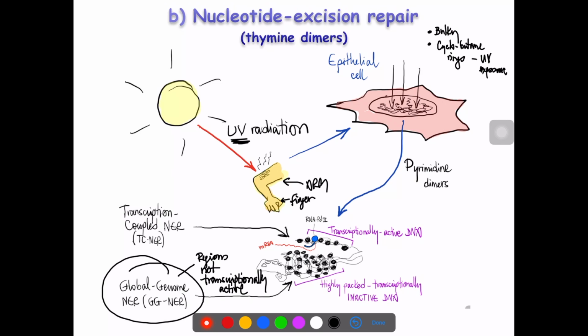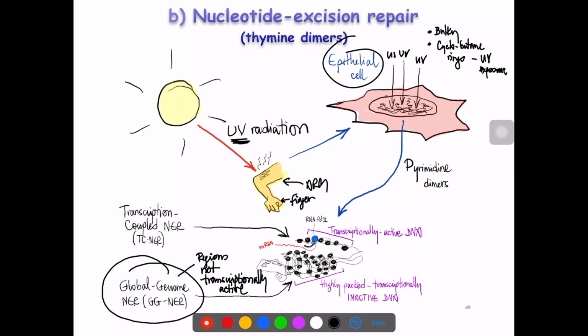So you have a short sleeve shirt, and you're walking somewhere in the UTEP campus because coronavirus is not a thing anymore, and you get exposed to sunlight, and that sunlight hits your arm, and in your arm, on the very surface, you have epithelial cells, and in that epithelial cell, you have your nucleus, and your nucleus is your DNA, and that DNA is being damaged by UV light.